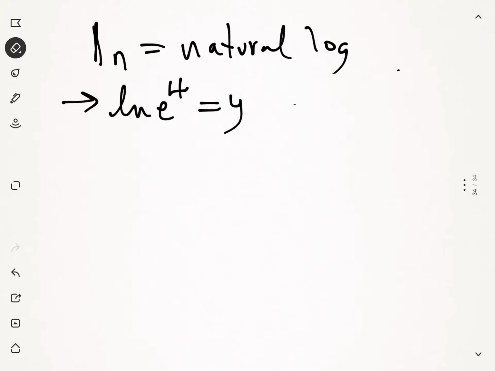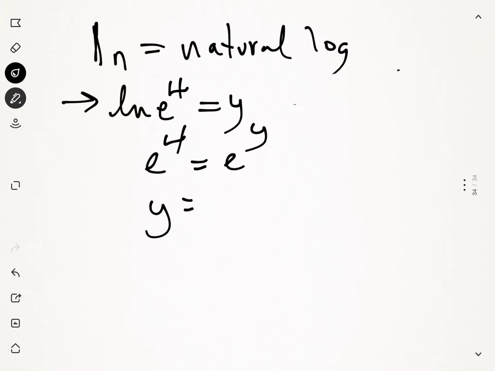If we exponentiate the left side, we'll end up with e to the fourth. If I exponentiate the right side, I end up with e to the y. So you can see what y is. y is equal to 4.